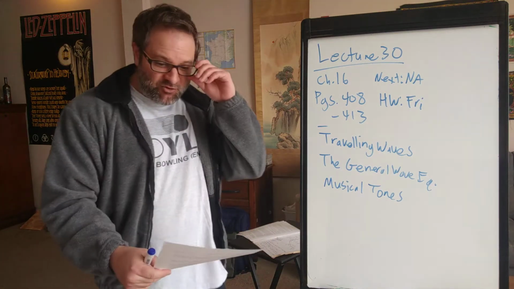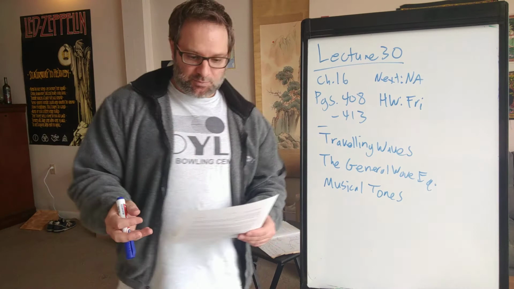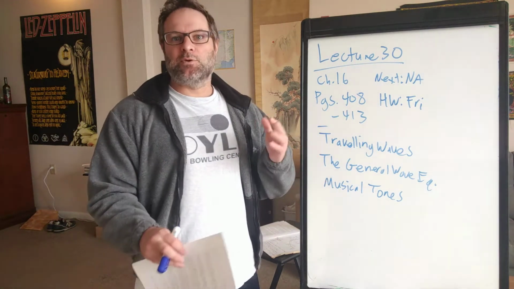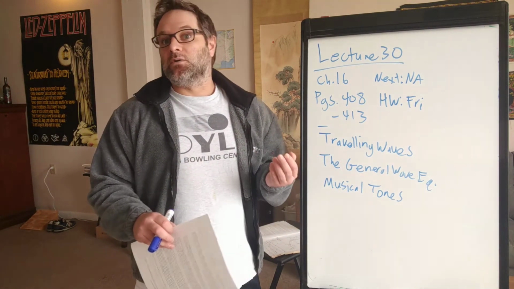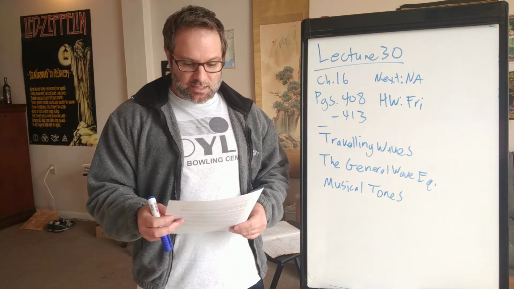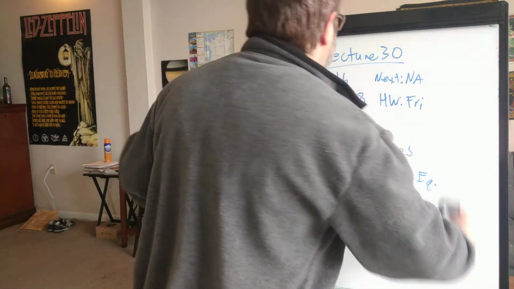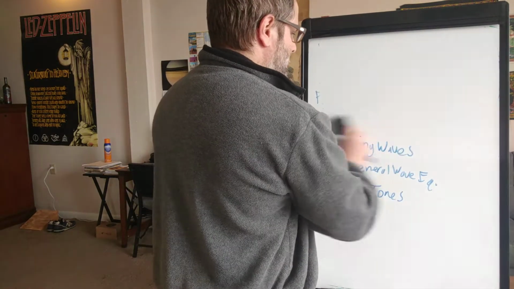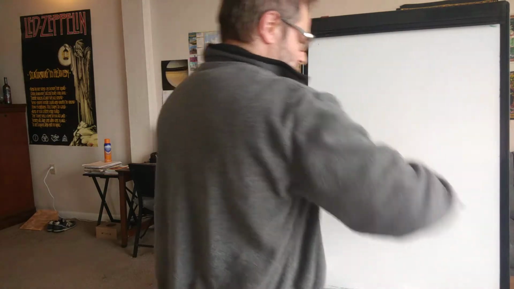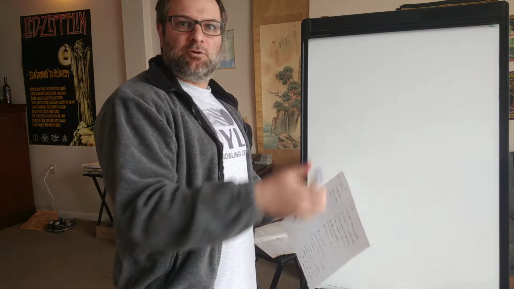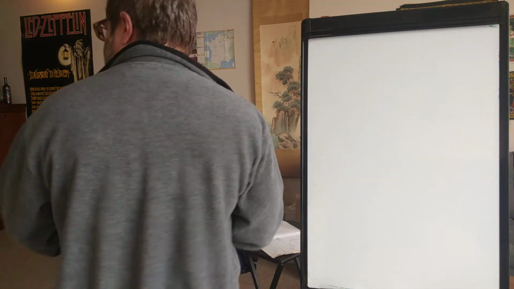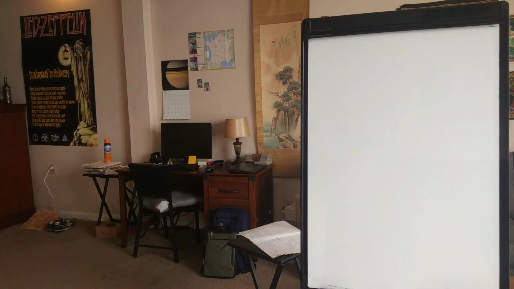We've been studying oscillations of mass on a spring, but I've been claiming that the math that goes along with that is very general and can be applied to a lot of different things. So today we'll see another example. The example we're going to look at is if we grab a string. I wonder if I have a rope or a string around. I'm going to use my cell phone charger.